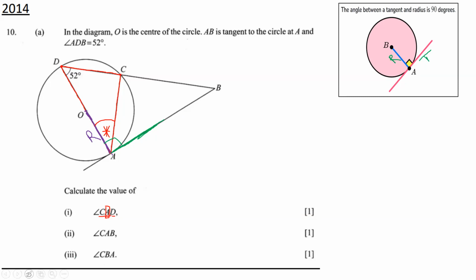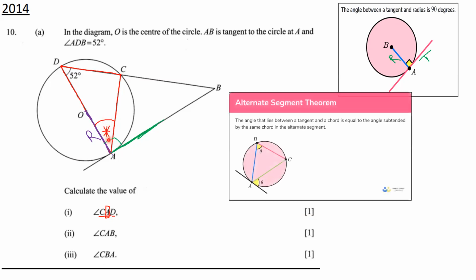So whatever this angle A is, it's definitely going to be less than 90, because this whole thing is 90 degrees, which includes this angle.